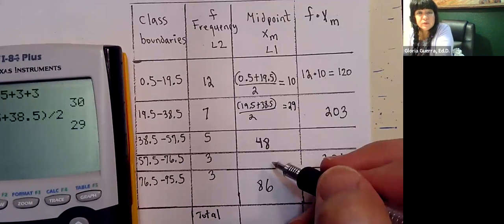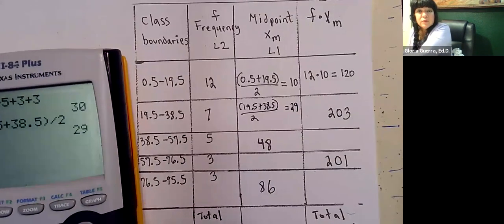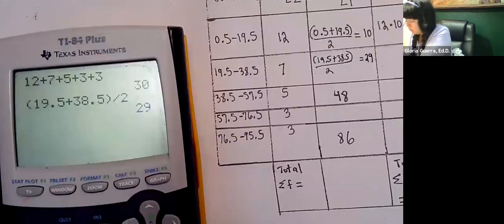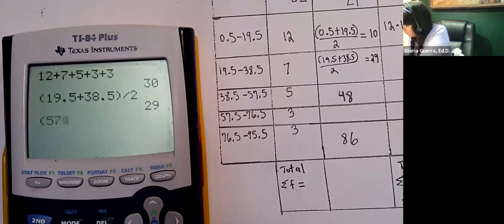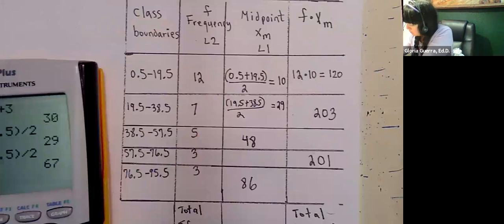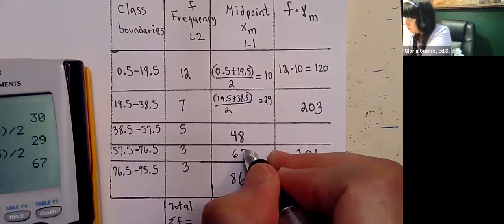And then this one, it'd be 57.5 plus 76.5, close parentheses, divided by 2, which is 67. And then this one's already done.